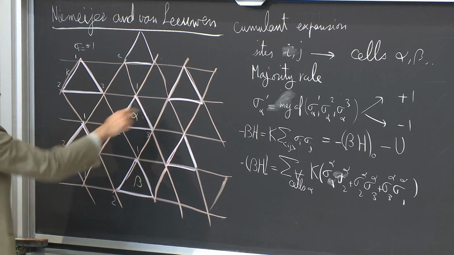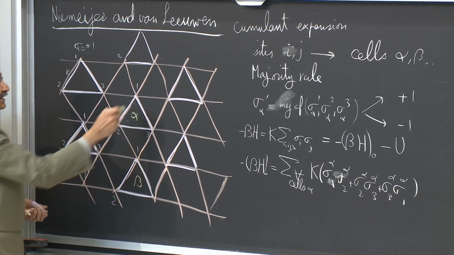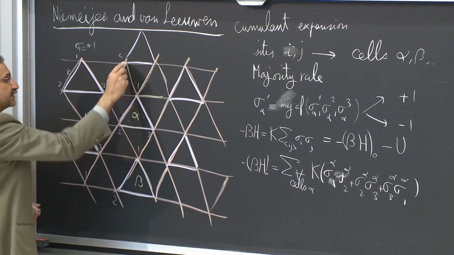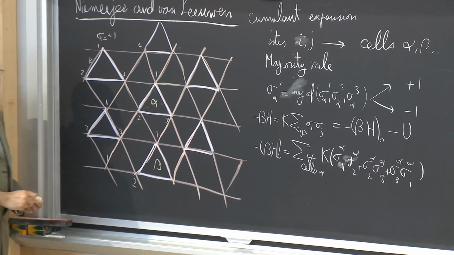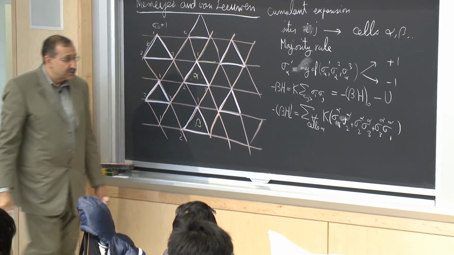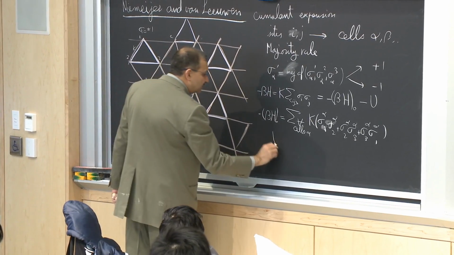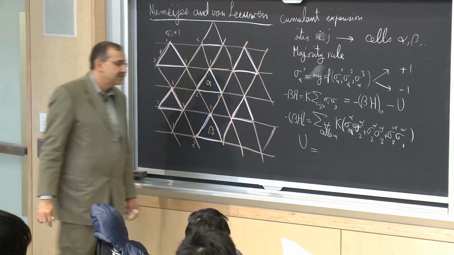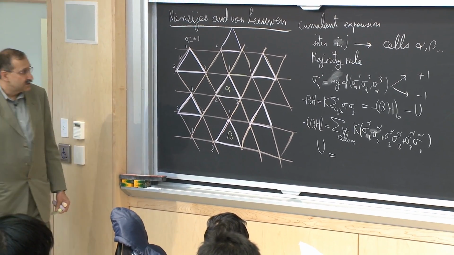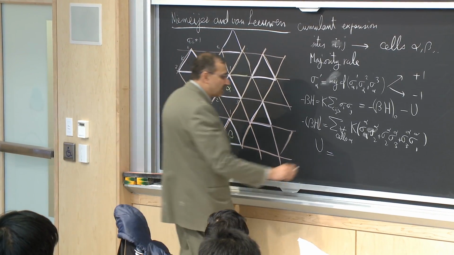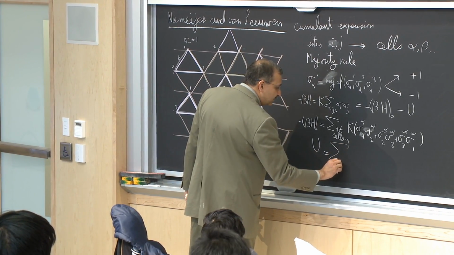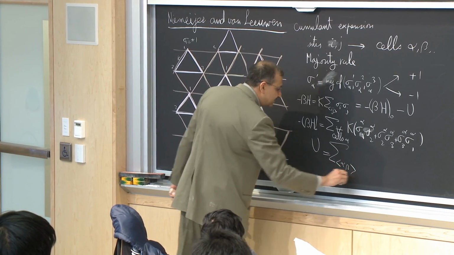What have I left out? I have left out the interactions that operate between cells, so all of these things, which of course are the same strength, but for lack of better things to do, they said, okay, we are going to sum over all, you can see now, neighboring cells.